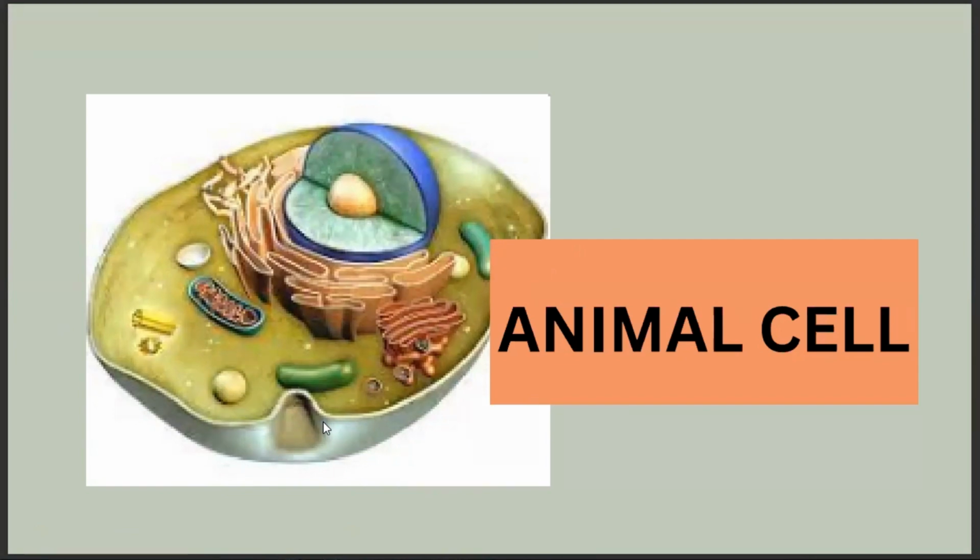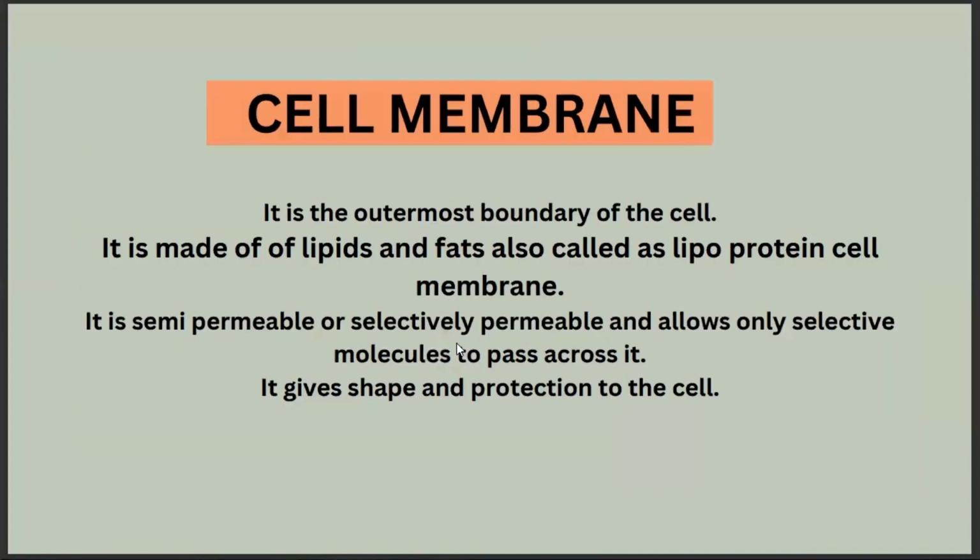In the O-level question paper, this is one of the diagrams once in 2019. This picture they have given when IGCSE 9 to 1 syllabus they have introduced. So they have given in that first exam this animal cell picture. So it was little bit confusing for the students, but we will discuss it today.